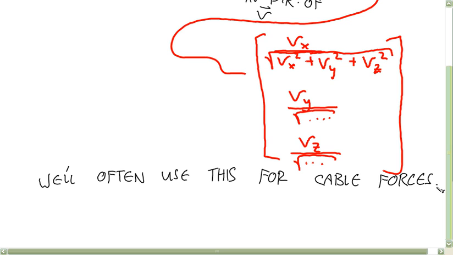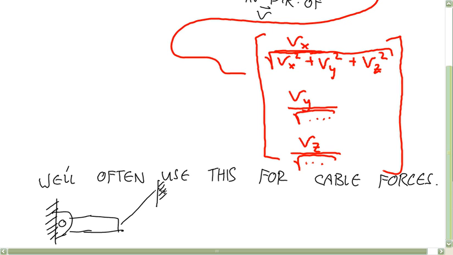And if we treat a cable force like the force a cable applies, so say that you have this object that's connected to the wall by a pin joint, and it's supported by this cable, okay?